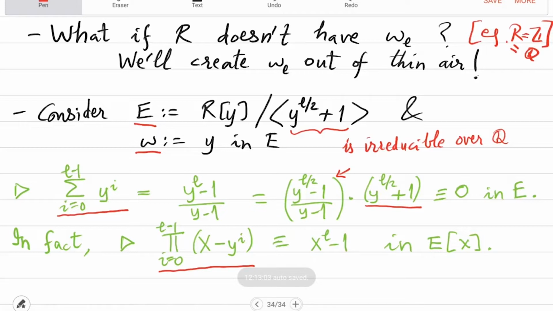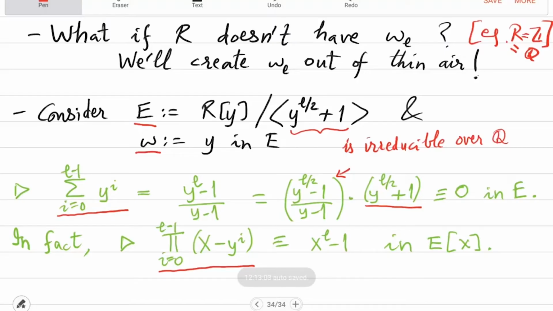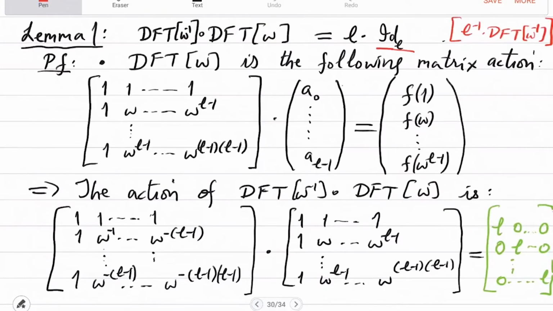Those are the two reasons. What would be the problem if we had taken the modulus n minus 1? The first equality fails. You cannot sum up sigma y to the i. In particular, it's non-zero, and you want it zero in your calculations. In this matrix product, this green part you will not get.